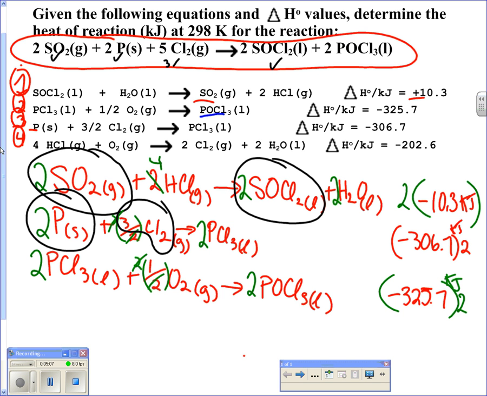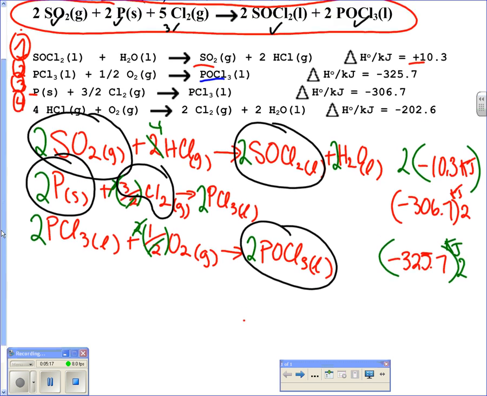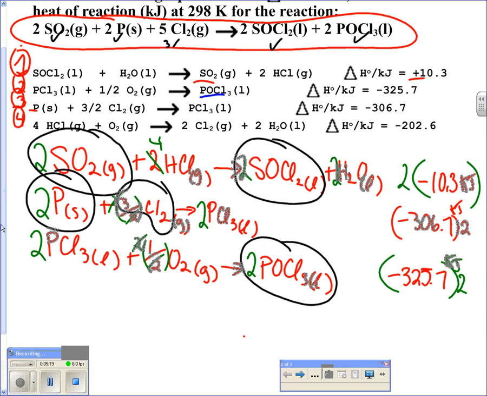So I'm going to circle what I've got now. I have 2 POCl3s. The last thing I need to look for is some more chlorines. In reaction number 4, which I haven't used yet, there are 2 chlorines. But I need those 2 chlorines on the reactant side, so I need to flip this reaction.